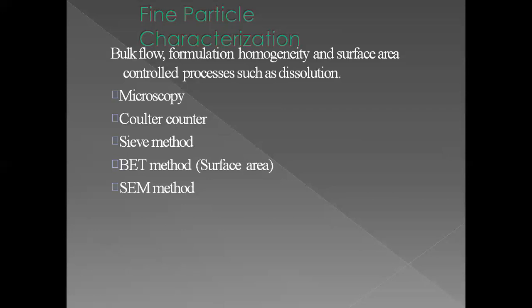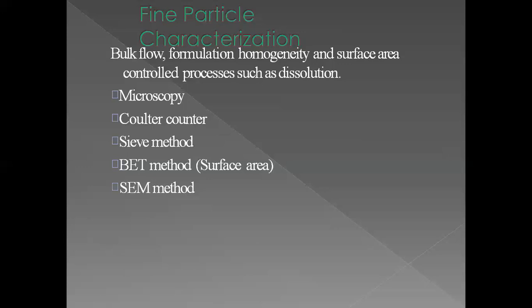In conjunction with the light microscopy, we use the Coulter counter method. It is a convenient method for characterizing size distribution. Samples are prepared for analysis by dispersing the material in a conducting medium, such as isotonic saline, with the aid of ultrasound and a few drops of surfactant.